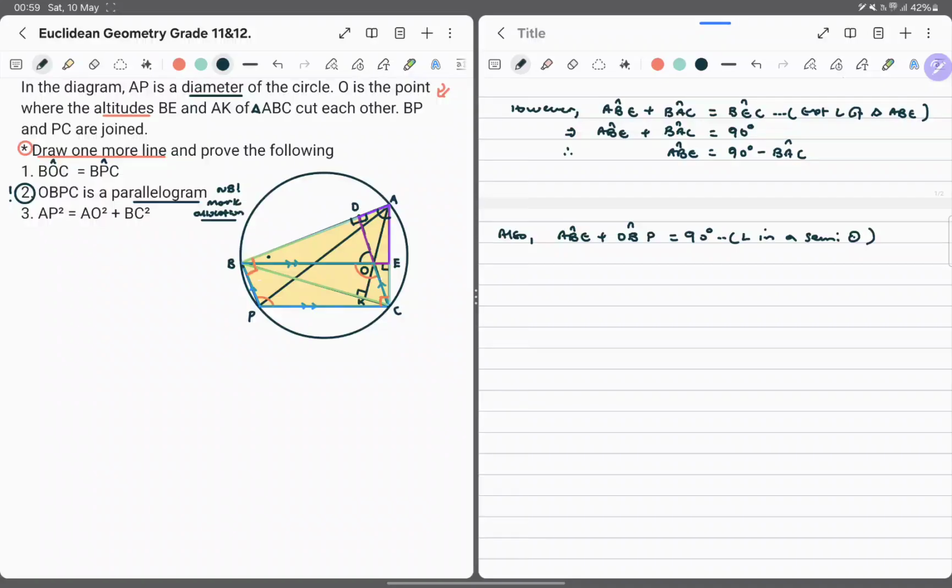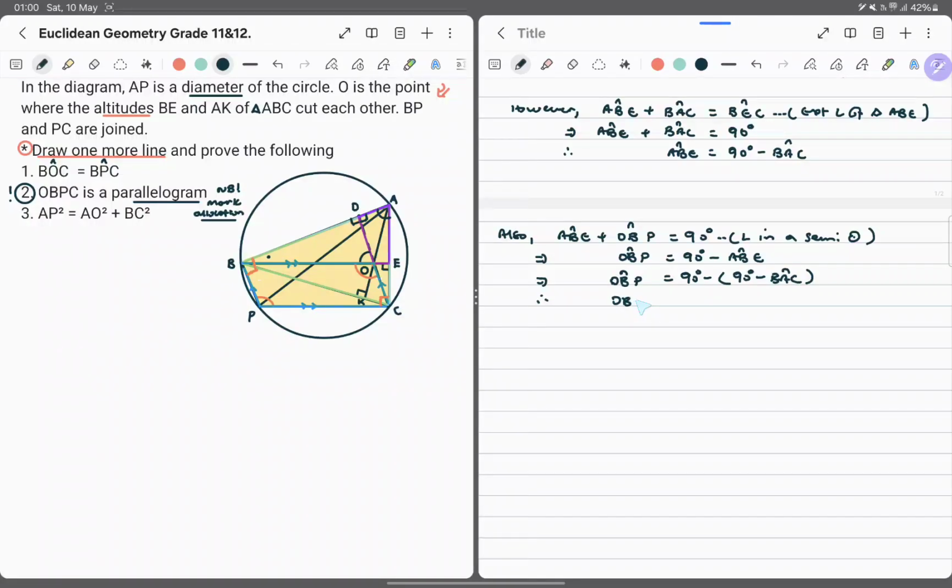So what are we trying to get to, folks? We are trying to look for OBP. So what are we going to say? We are going to say this implies that OBP is equal to 90 degrees minus ABE, which also implies that OBP is 90 degrees minus, this is 90 degrees minus BAC.